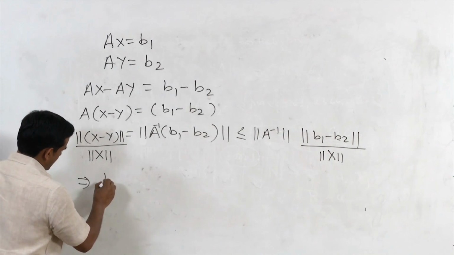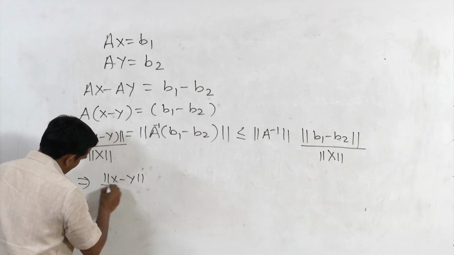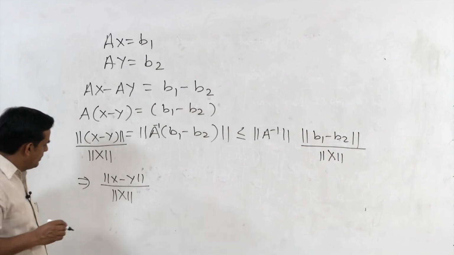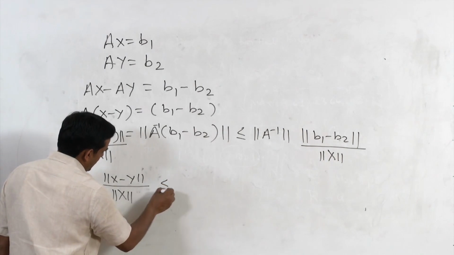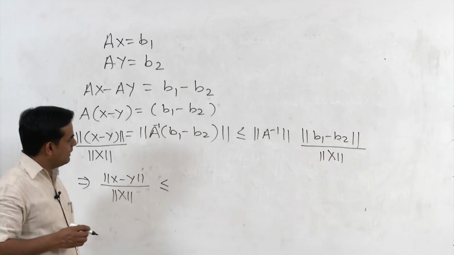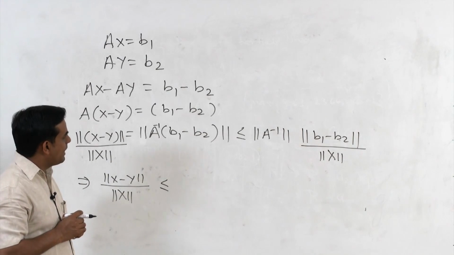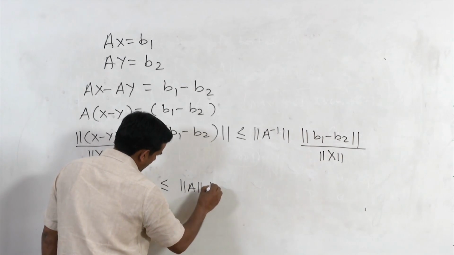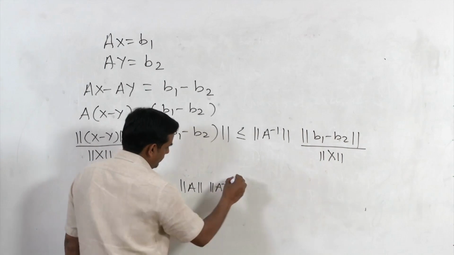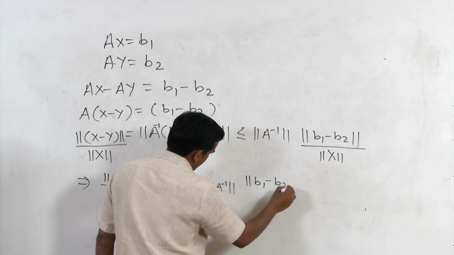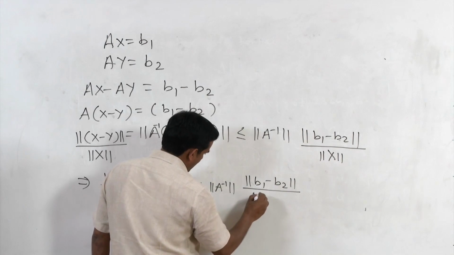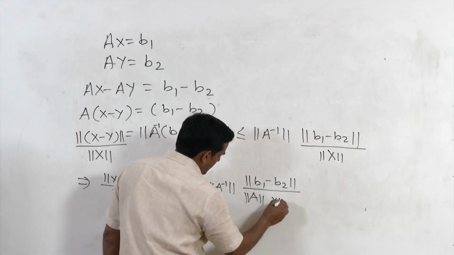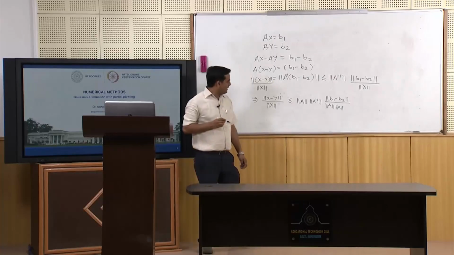Now, I can write the left hand side as such: norm of x minus y upon norm of x is less than or equal to, if I multiply the right hand side numerator as well as denominator by the norm of A, norm of A, norm of A inverse into norm of B1 minus B2 upon norm of A into norm of x.